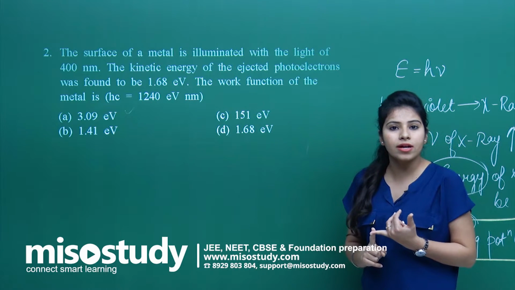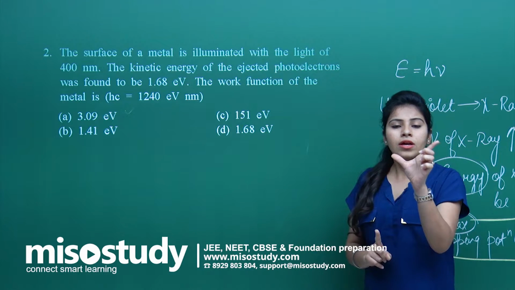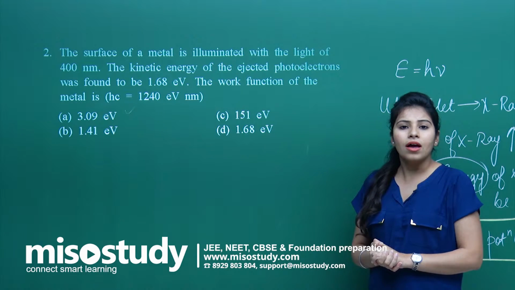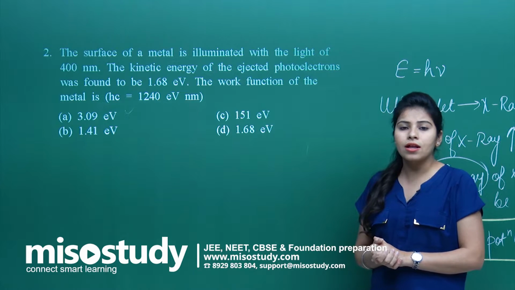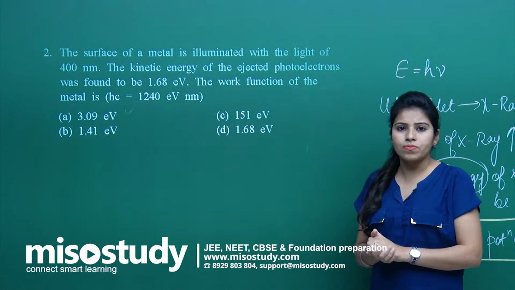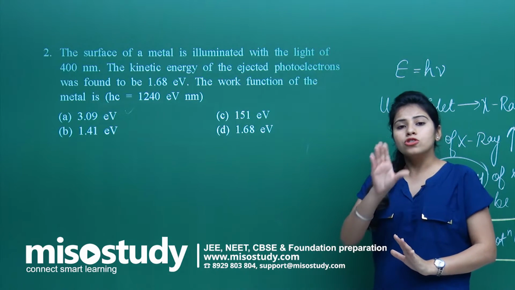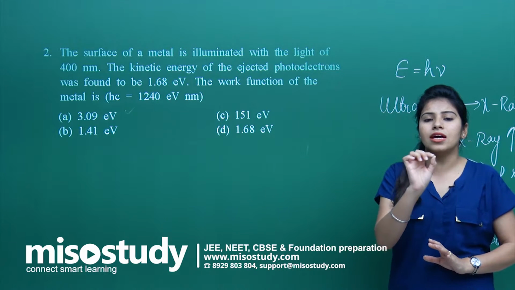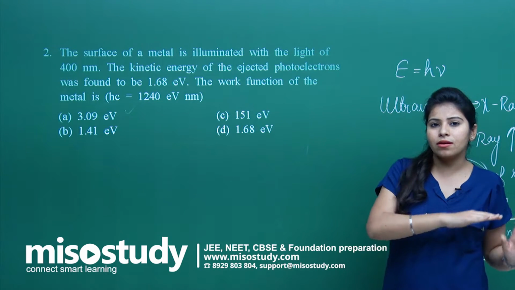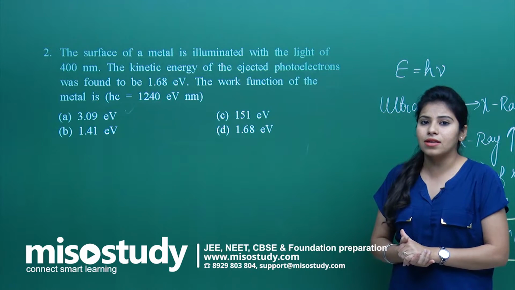You have to focus on the graphs drawn in the chapter, and on the equations: the photoelectric equation, the formula for the work function, the formula for the stopping potential, the relation between wavelength and stopping potential, the relation between wavelength and kinetic energy, and between momentum and wavelength. These are the basic things you should know about this chapter. Then your way would be very clear, and you would go very smoothly.